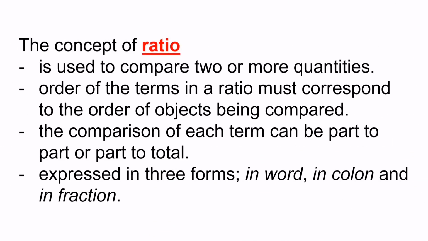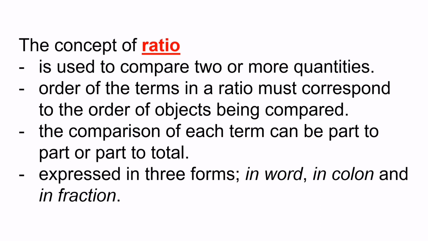So again, the concept of ratio is used to compare 2 or more quantities. Order of the terms in a ratio must correspond to the order of objects being compared. The comparison of each term can be part to part or part to total, and expressed in 3 forms: in word, in column, and in fraction.